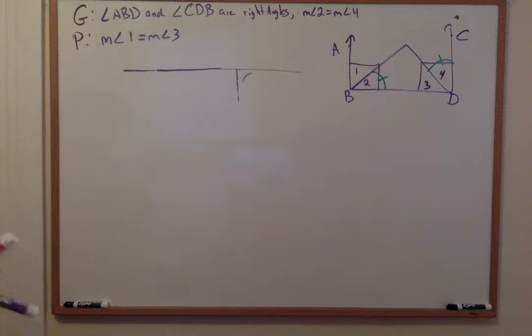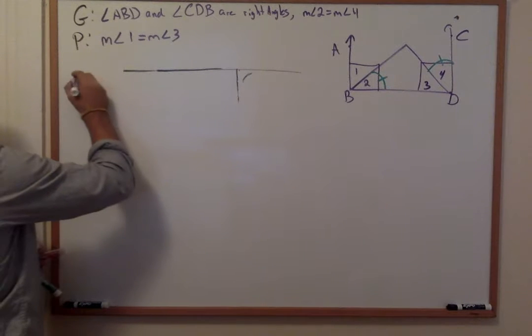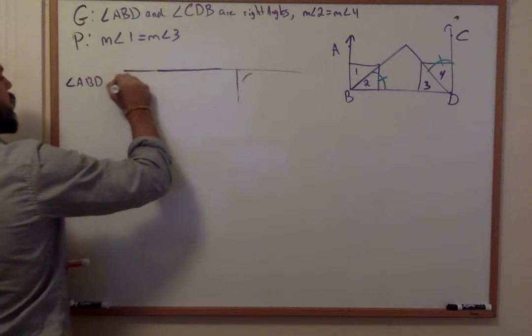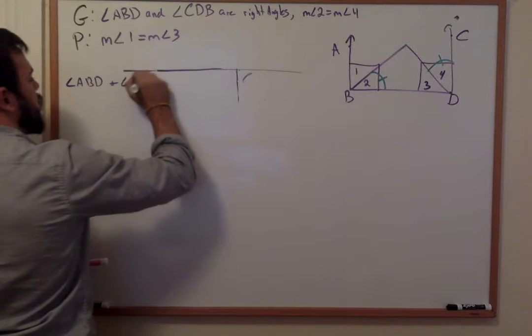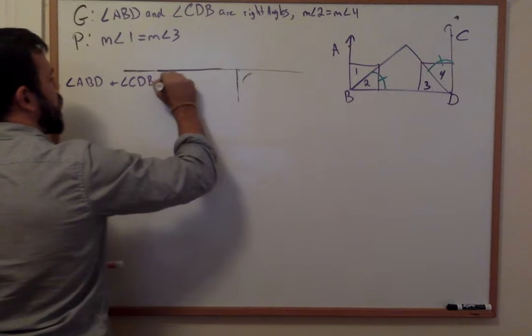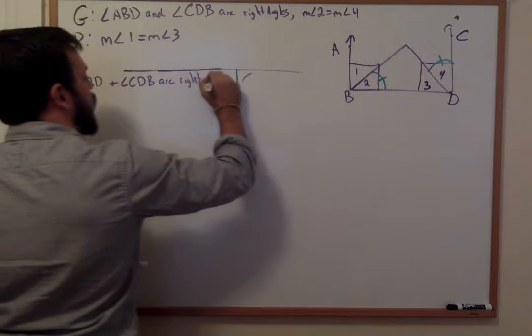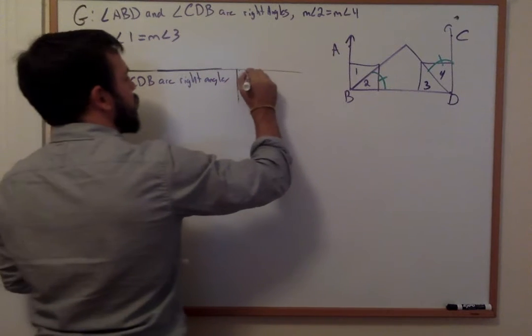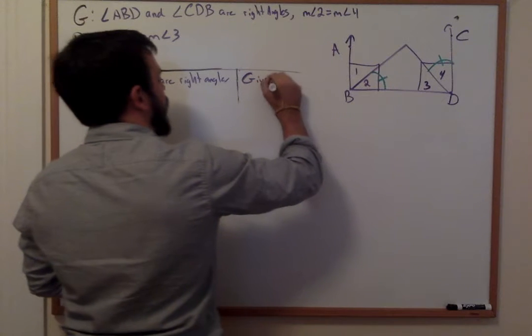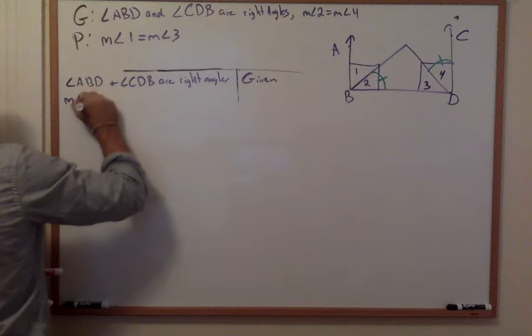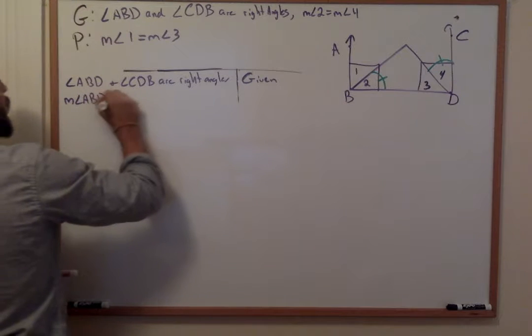All right, let's introduce our given, our first one, and let's go down to the bottom as well. So, angle ABD and angle CDB are right angles. That's given. Well, right off the bat, if I have right angles, I know their measures are going to equal 90.